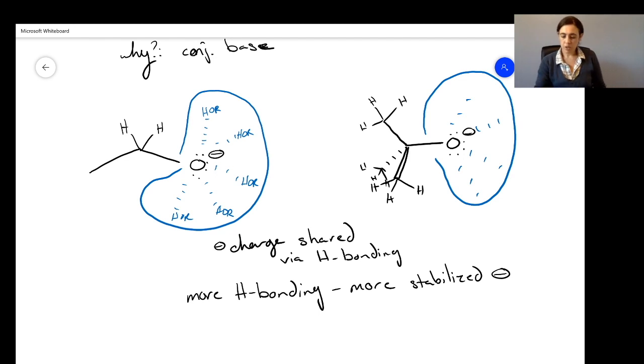So a smaller surface area that we see in our t-butoxide means that it has less hydrogen bonding and therefore is less stabilized.